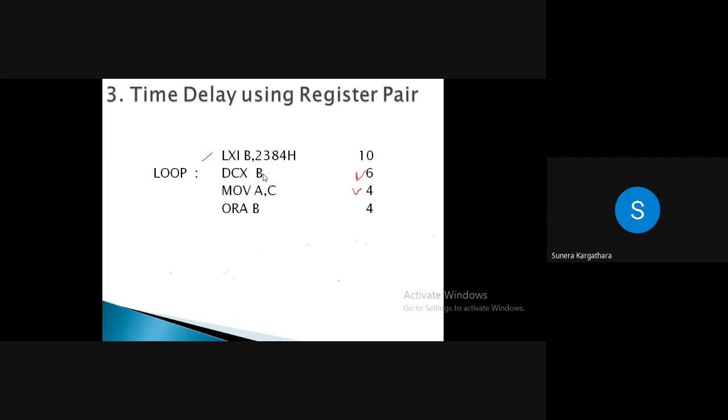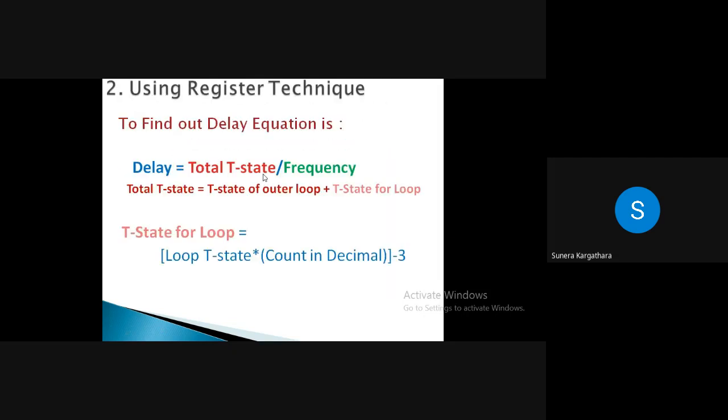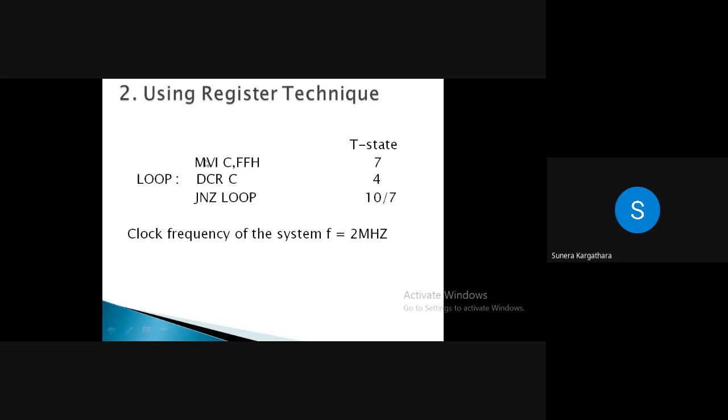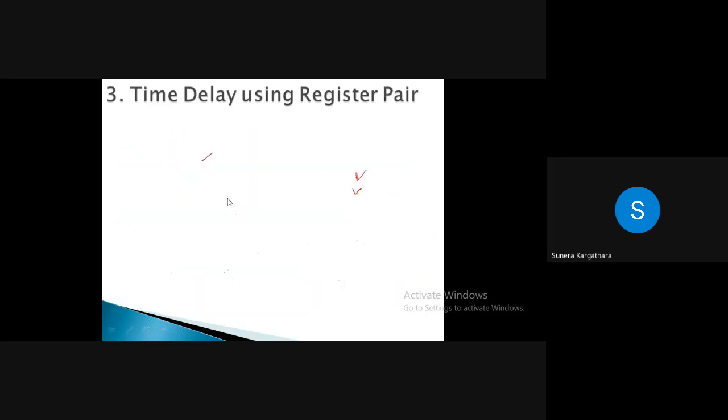Now if you remember, in our register method, after loading the register, we were decrementing it, and checking whether the counter value becomes 0 or not. If it is not, then it will go and check the loop again. The same procedure we are following here. We are loading a register pair. Instead of DCR, we are using DCX. Why? Because now we don't want to decrement one register, but we want to decrement a register pair.